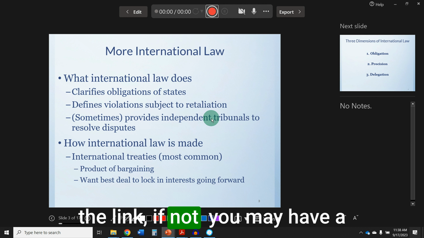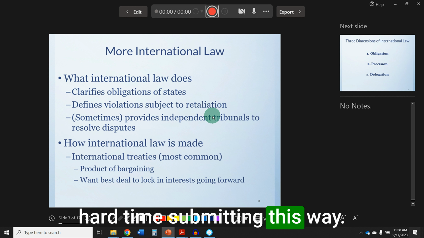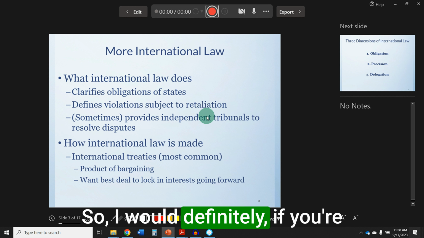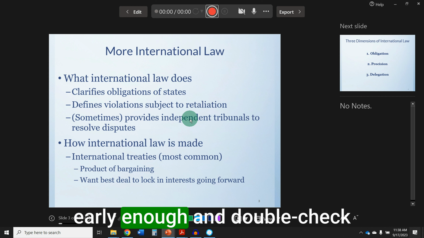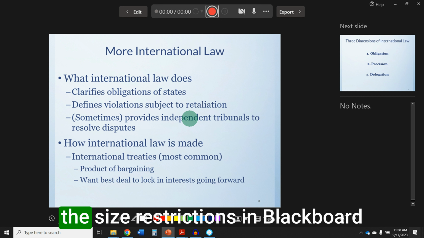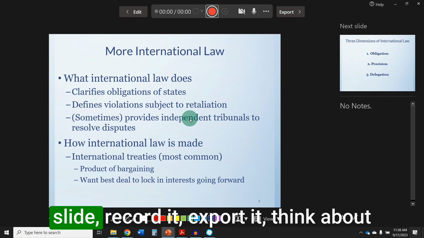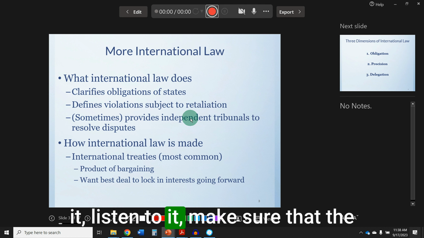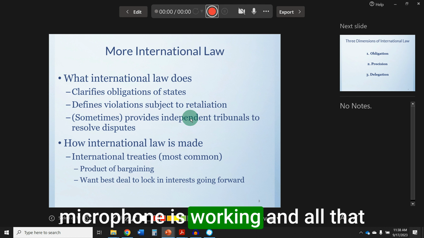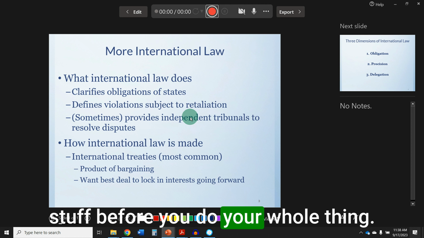If not, you may have a hard time submitting this way. So if you're going to do this, I would start early enough and double check the size restrictions in Blackboard for how much you can upload. And I would definitely do a one slide test, record it, export it, listen to it, and make sure that the microphone is working and all that stuff before you do your whole thing.